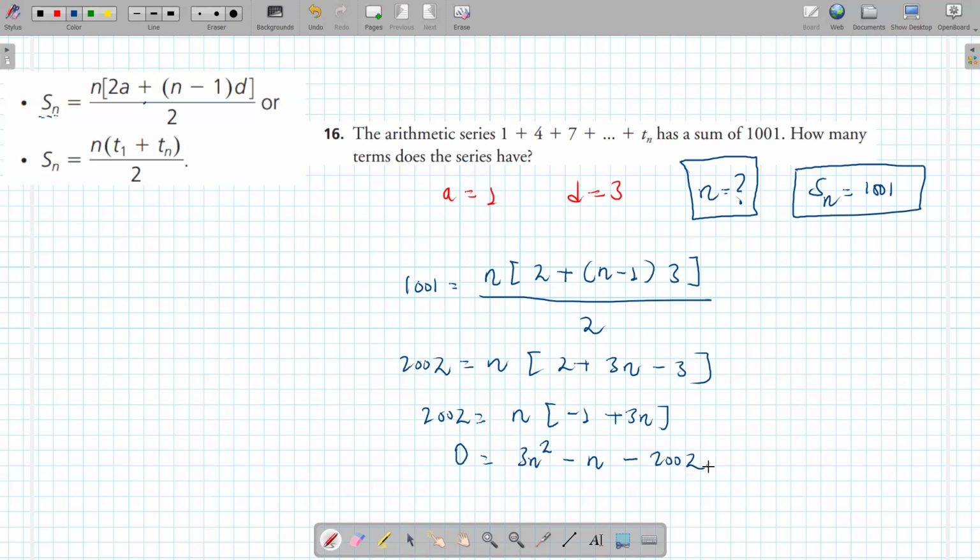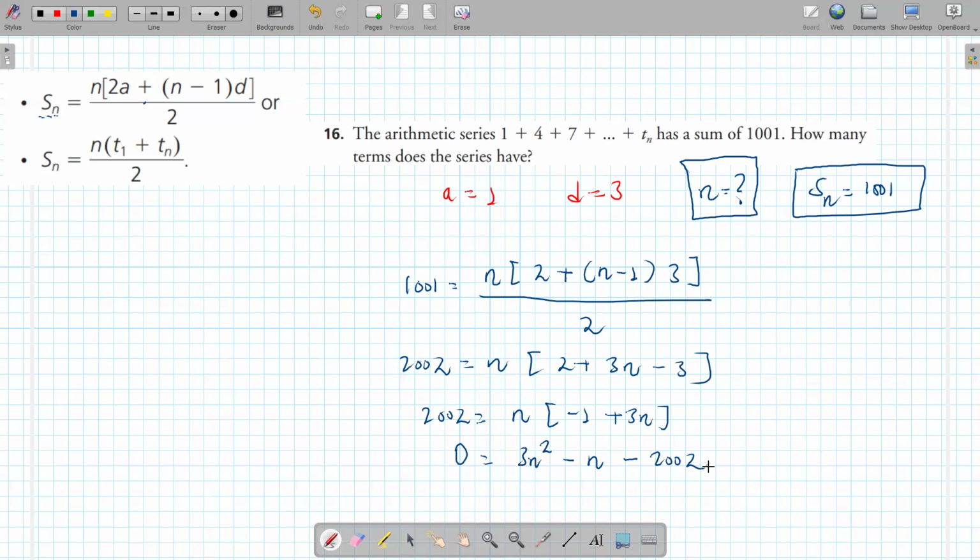How do you solve a quadratic equation? You use factoring, or you're going to use the quadratic formula.